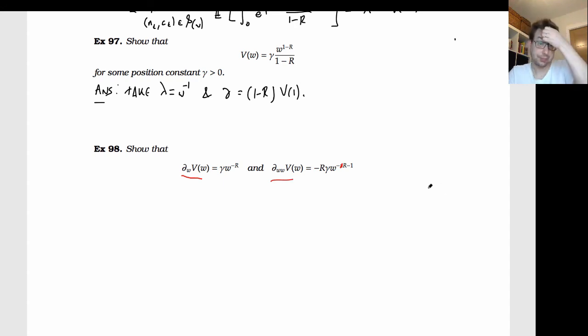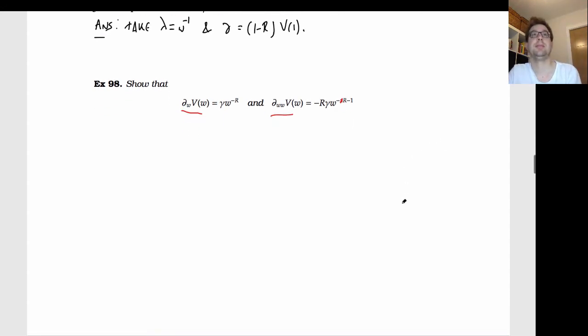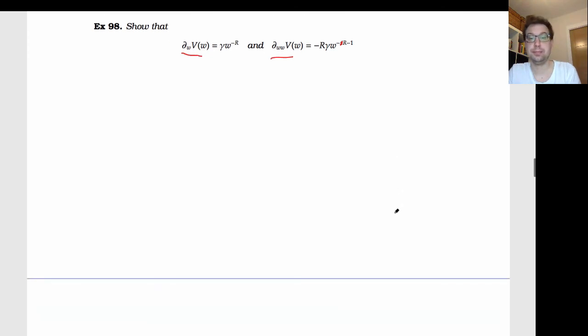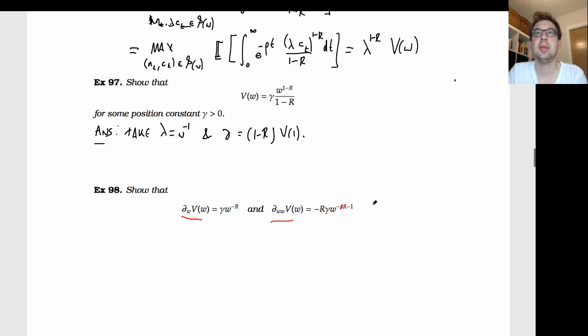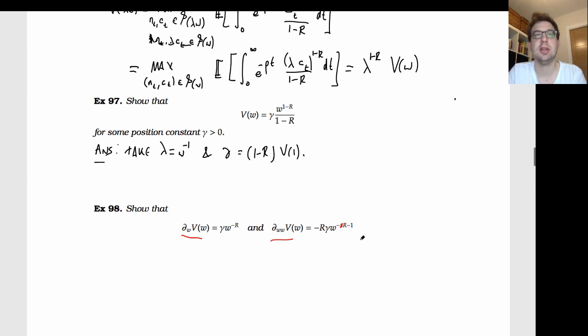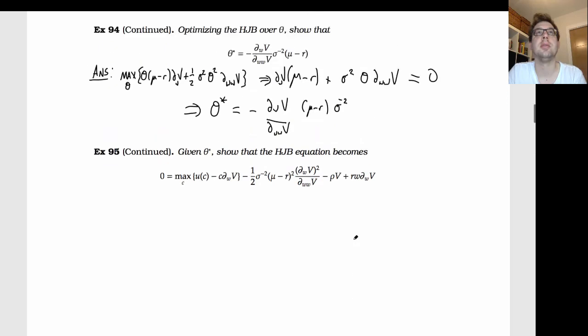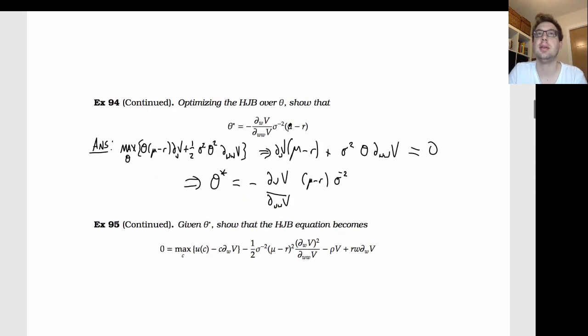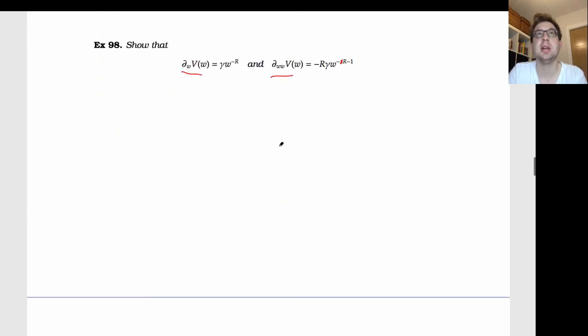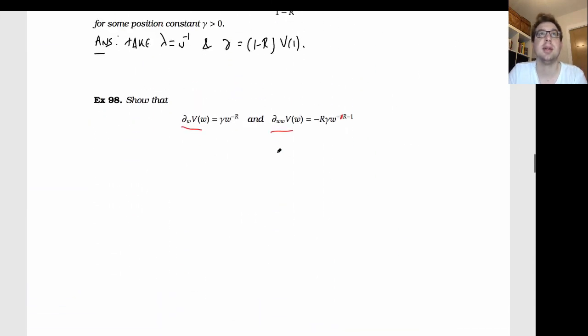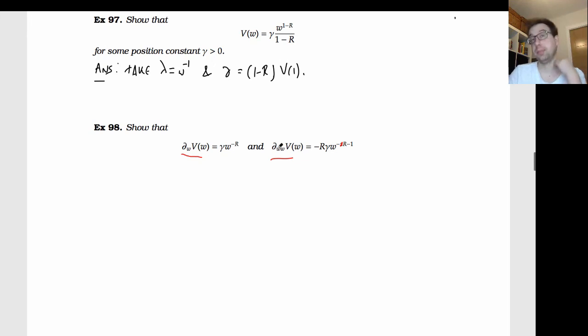That gives us some good progress, because the gammas will cancel out, so I actually know the form of this solution. I know how much money I should invest in my stocks, but I don't know how much I should consume necessarily.